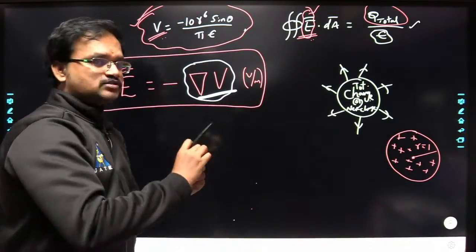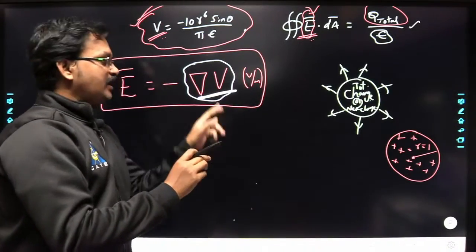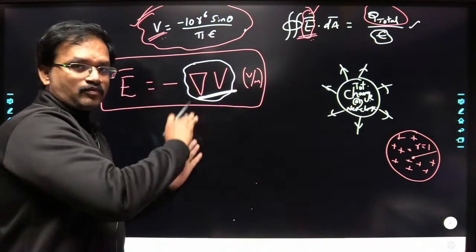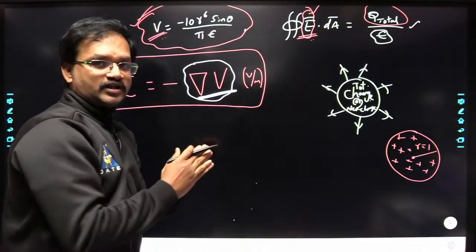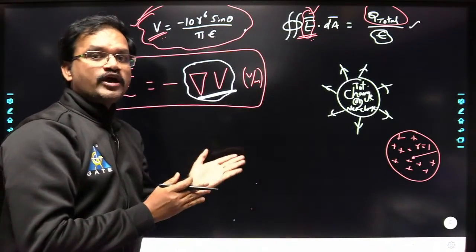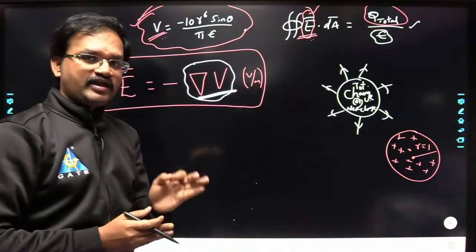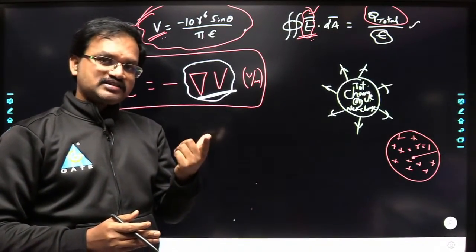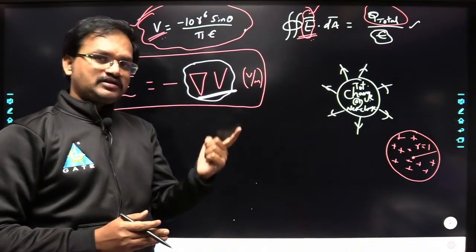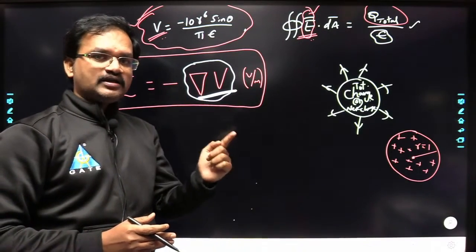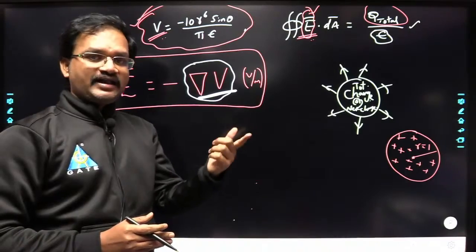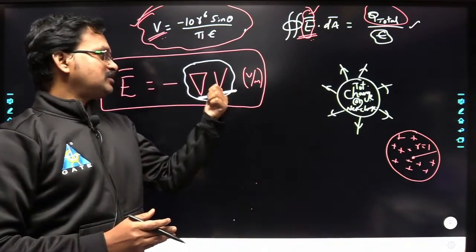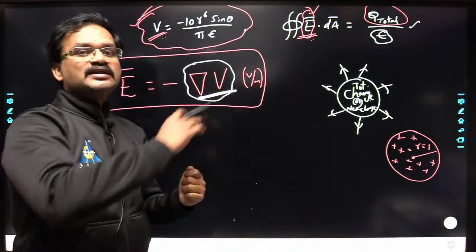Understood? Maximum increase of potential direction means it always points from lower potential to higher potential. Whenever you calculate the gradient, the resultant is a vector quantity, and that vector always points in the direction in which the scalar function is increasing maximally.